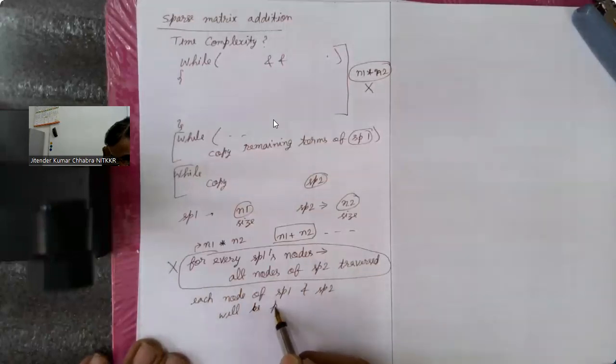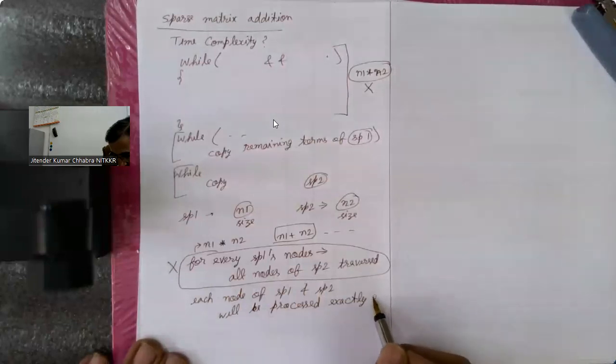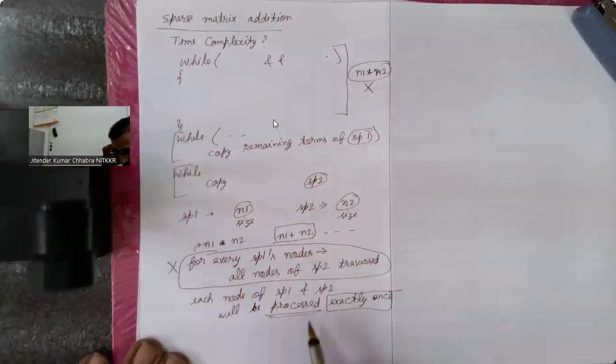Will be processed, I will say, not traversed. If it gets used once, it will never get processed or used again. So exactly once it will be processed. Processed means either it got copied or it was copied through addition. So every node will be done once and exactly once.